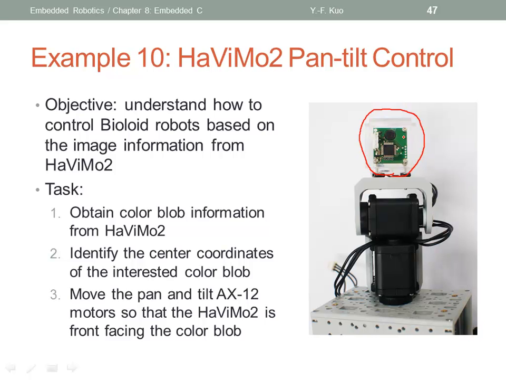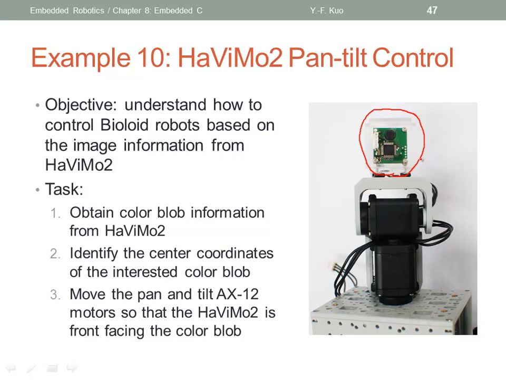What we want to do is make the robot head track an object in a specific color, in a sense that the head is always front-facing that object.